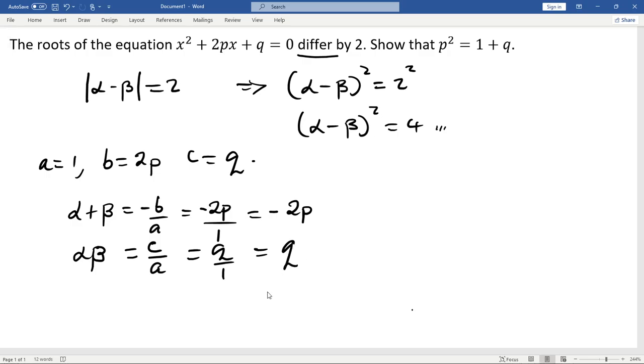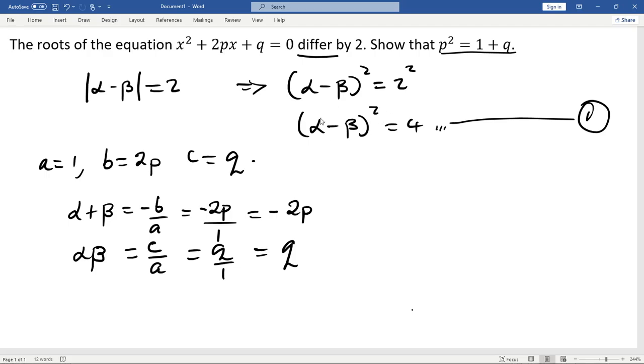Now we need to show that this expression gives us the result we want. Let me name the first expression 1. There is a quadratic identity for alpha minus beta squared.